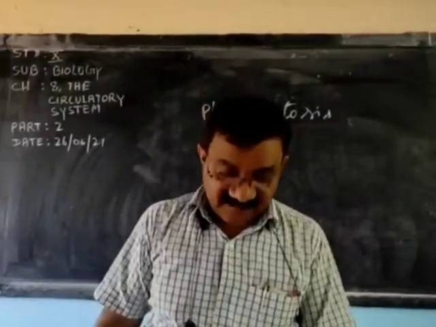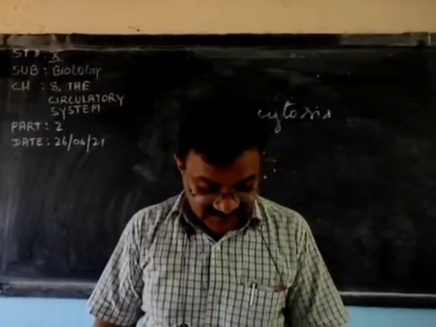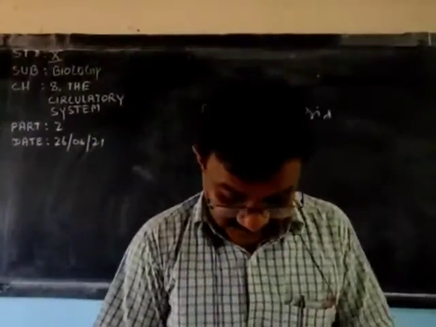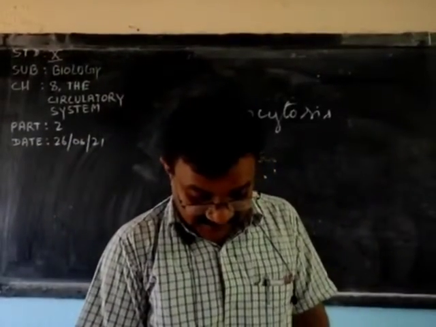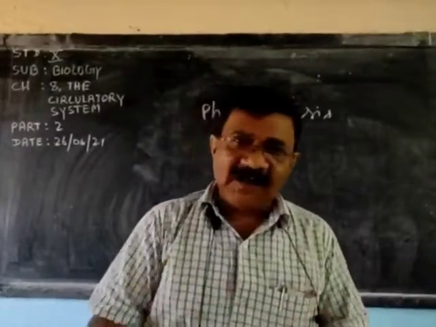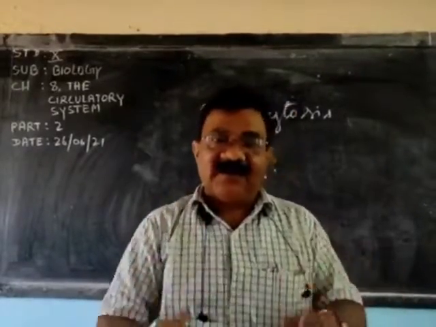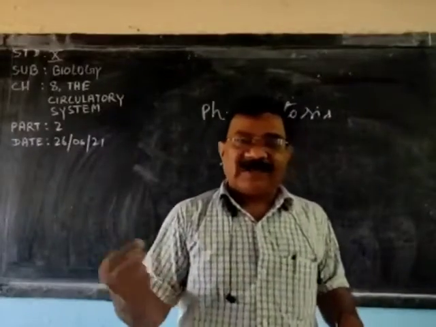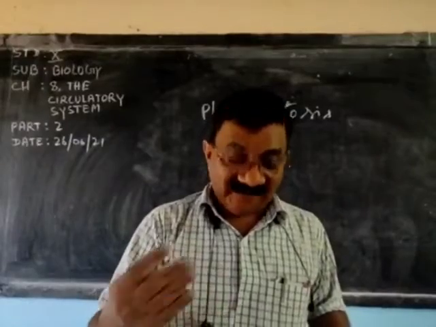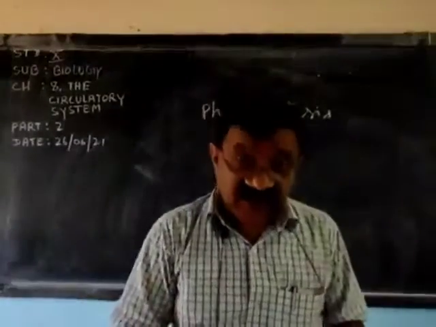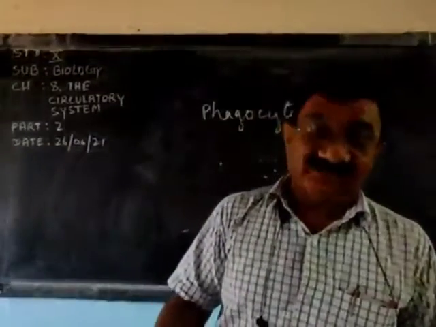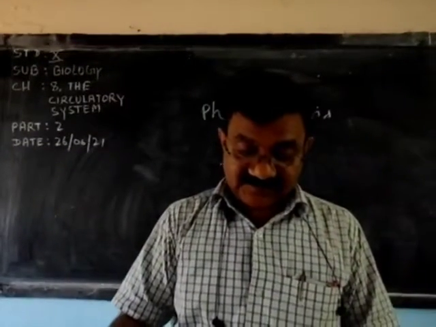Okay, and this process is known as phagocytosis. And at the time of infection, the number of WBC increases. By blood checking in a pathological lab, we can find that if the number of WBC is increased, it means some infection is there. More and more WBCs are formed to fight against the disease-causing germs.